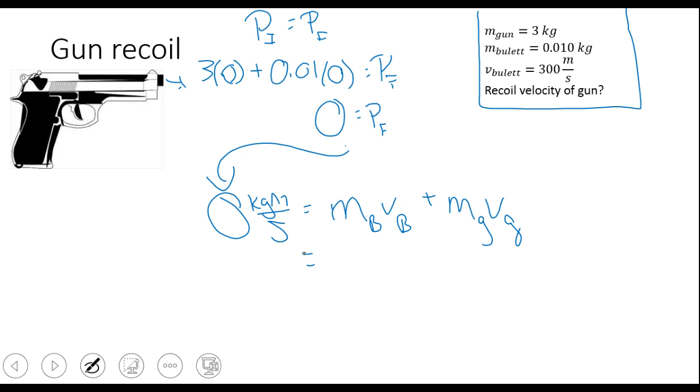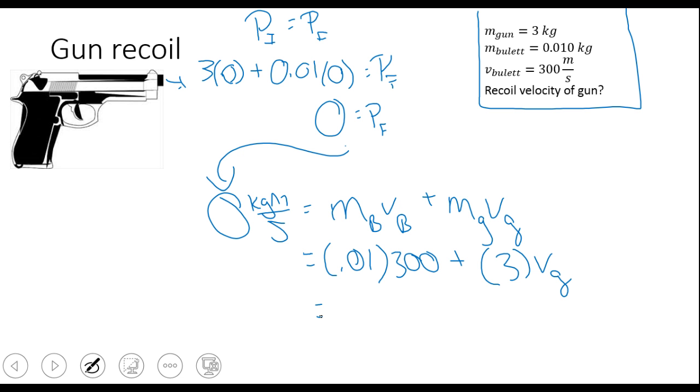Well, I know the mass of the bullet, it's 0.01 kilograms, and it's going 300 meters per second to the right, plus the mass of the gun, which is 3 kilograms, but what I want to know is the final recoil velocity of the gun. And so I need to go ahead and simplify this first.